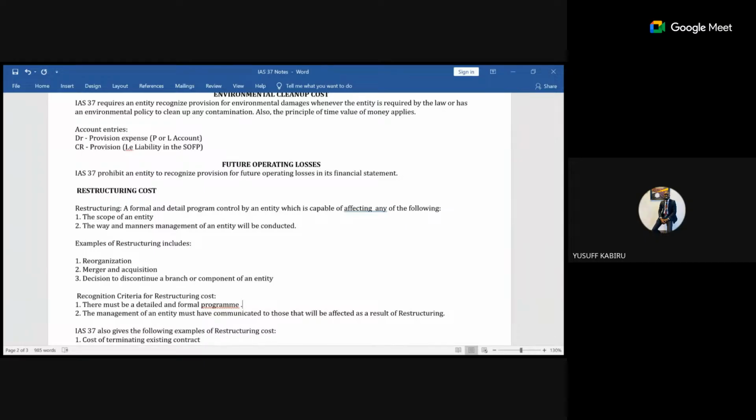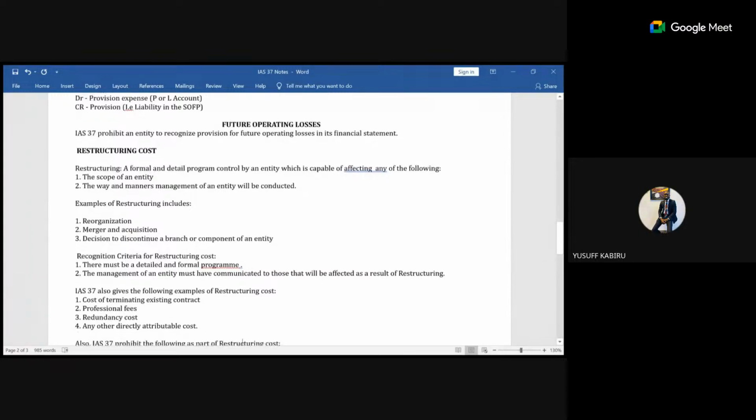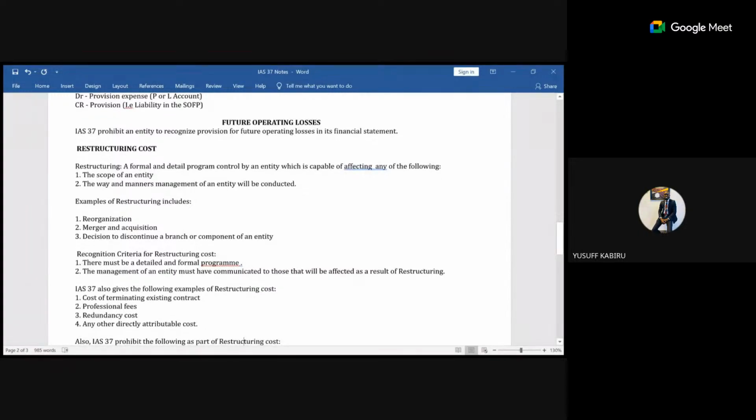So IAS 37 gives us the various examples of restructuring costs. Number 1 is cost of terminating existing contract. There are some contracts we would have embarked on before the formal program. Since you are now having a new program, you have to terminate that existing contract.